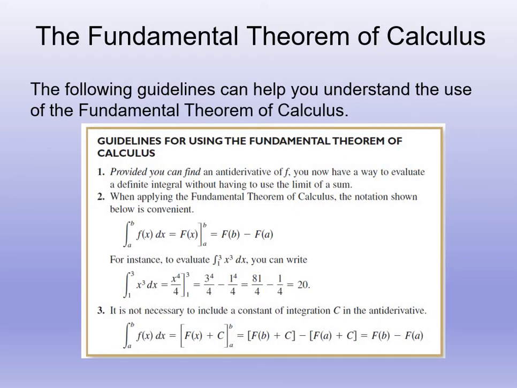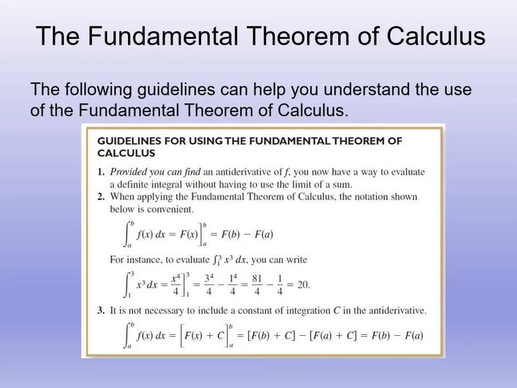Let's take a look at some basic guidelines for using the fundamental theorem of calculus. One, make sure that you can calculate the antiderivative, or you have the tables from the front of the book that I gave you that show basic antiderivatives for specific functions. A lot of the trig functions, a lot of more complex functions and things like that. Basic ones you should be able to roll through and do in your head.